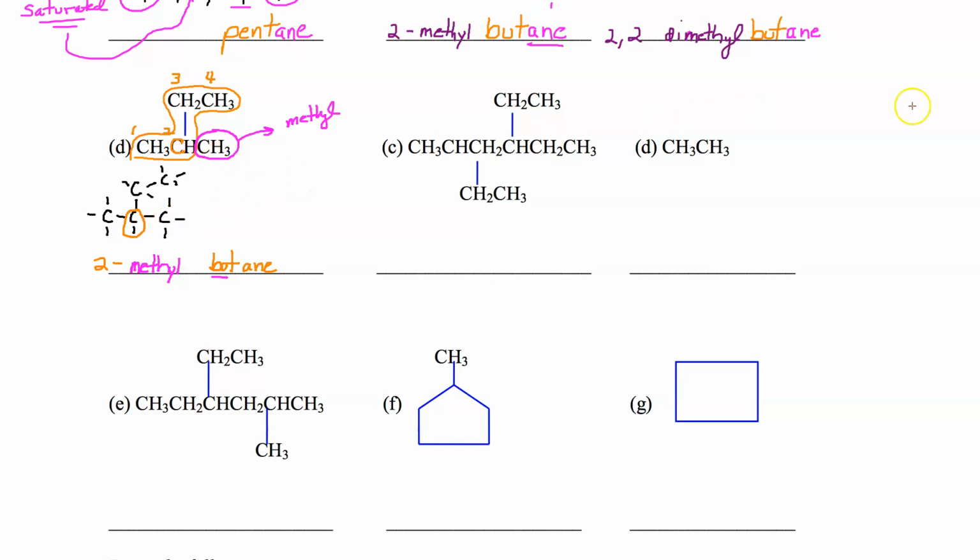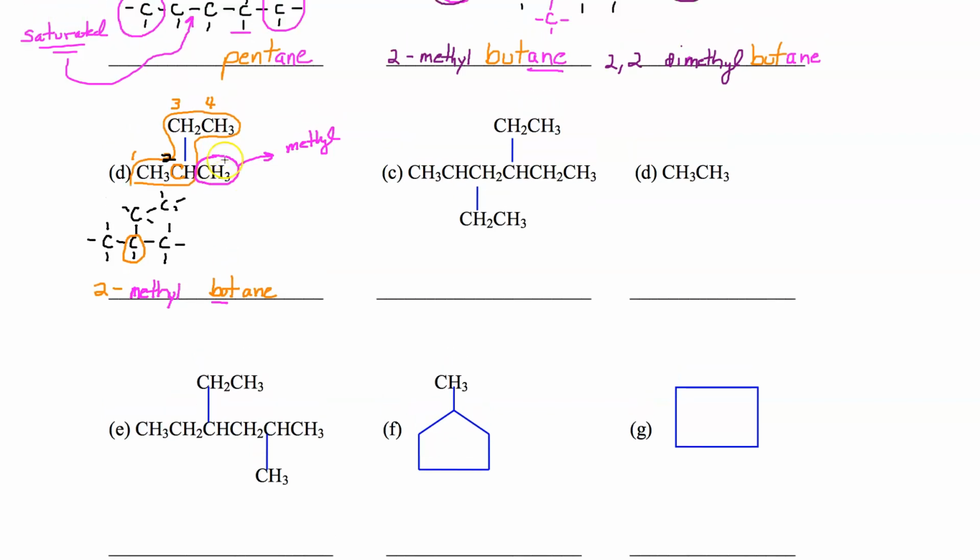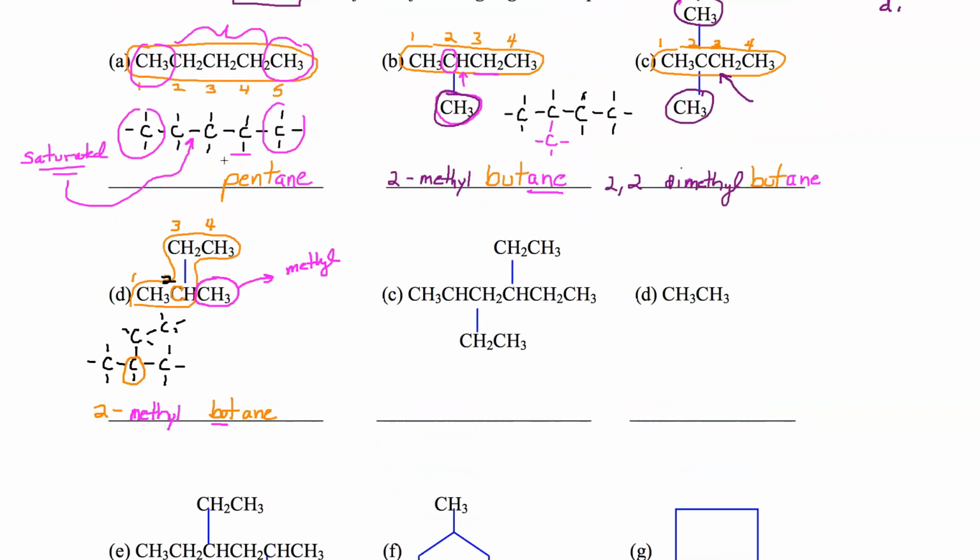The bottom line is that it goes on the second carbon. Don't number this 1, 2, 3. If you said 3-methylbutane, wrong. The convention is what? That we have the substituent group, the additional group, on the lowest number carbon.